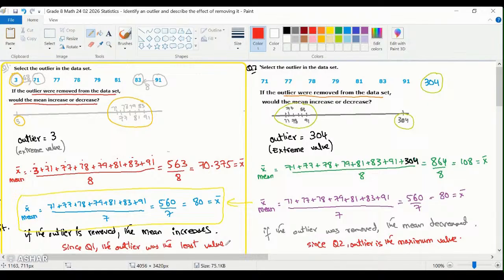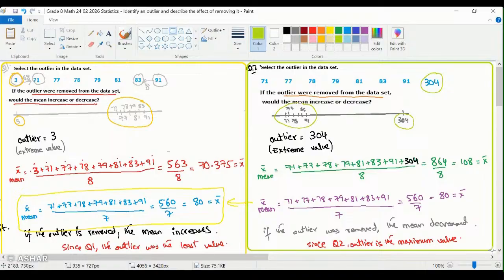Agreed? So a number removed from the extreme end will reduce the mean. A number removed from the smallest end, smallest number removed, it will increase the mean. Okay, I hope you understand this, the difference.